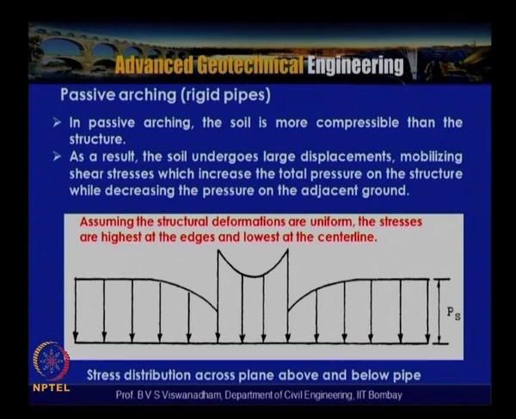Assuming the structural deformations are uniform, the stresses are highest at the edges and lowest at the center line. The stress distribution across the plane above and below the pipe is obtained like this.